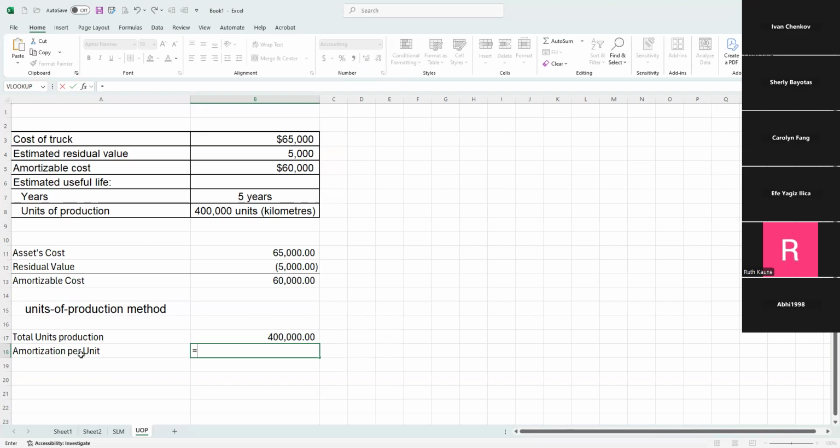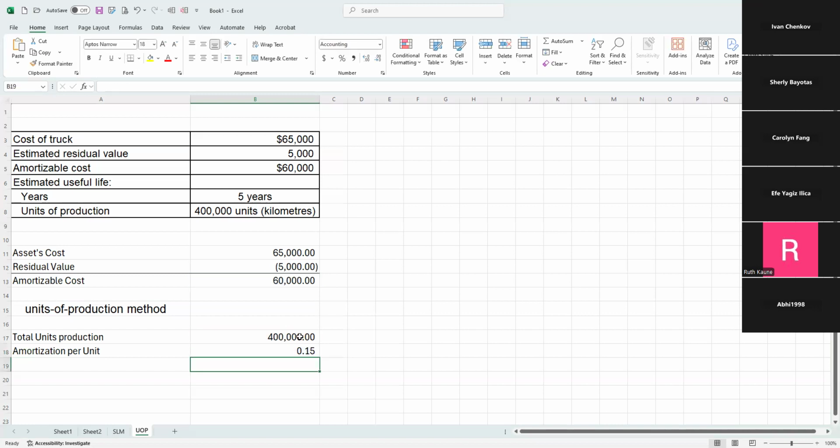What will be my numerator? What will be my denominator? Okay, let's get that one divided by 400,000.